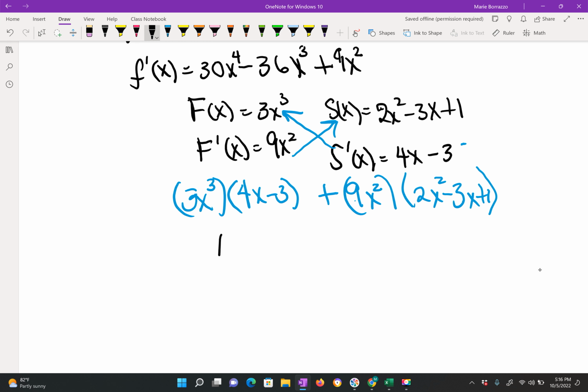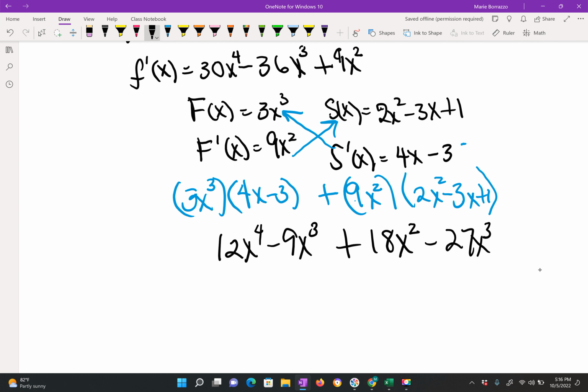Okay. So 12x to the 4th minus 9x cubed. And this is plus 18x squared minus 27x cubed plus 9x squared. Okay, now let's combine like terms. It's 18x to the 4th. Look at you paying attention. Because you know I do that on purpose.